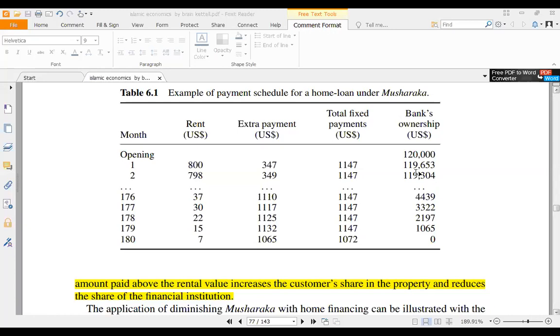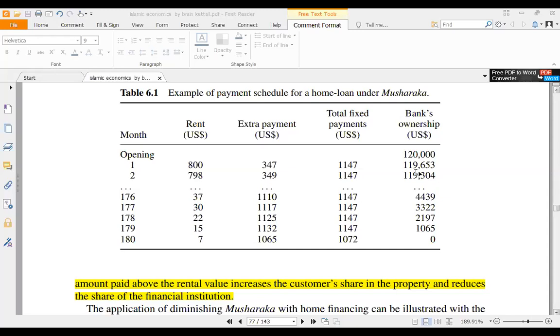And now, how much will be the rent after the deduction? अब बेटा यहाँ पे एक बात बहुत इंपॉर्टेंट मैं करना चाहूंगा. बैंक की ऑनरशिप है यहाँ पे 80%. वो ऑनरशिप कितनी बनती है 1,20,000. जब एक्स्ट्रा पेमेंट $347 आप डिडक्ट करोगे, अब बैंक की ऑनरशिप कितनी बनेगी 1,19,653 बनेगी. अब ये देखना है बैंक की ऑनरशिप कितने परसेंट है और कस्टमर की ऑनरशिप कितने परसेंट है आफ्टर द डिडक्शन. अब बैंक की ऑनरशिप बेटा कम होगी, वो कितनी बन गई अब 80% नहीं रही.